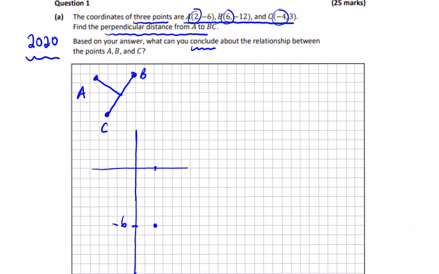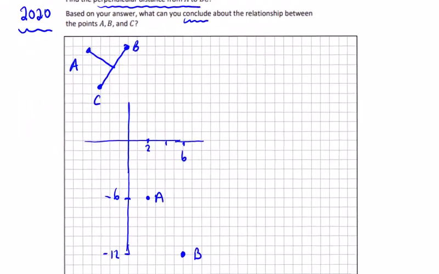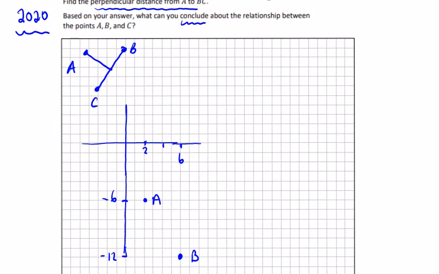So 2, minus 6 for A. 6, minus 12 for B. And for C, minus 4, 3. Actually, we already have it labeled miraculously right here.